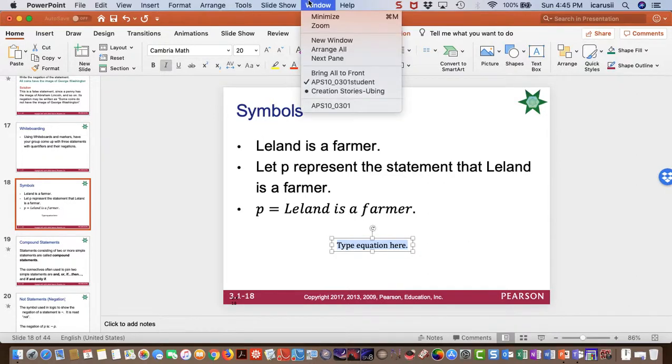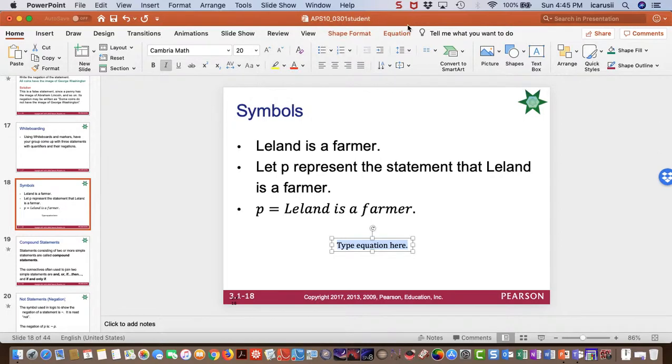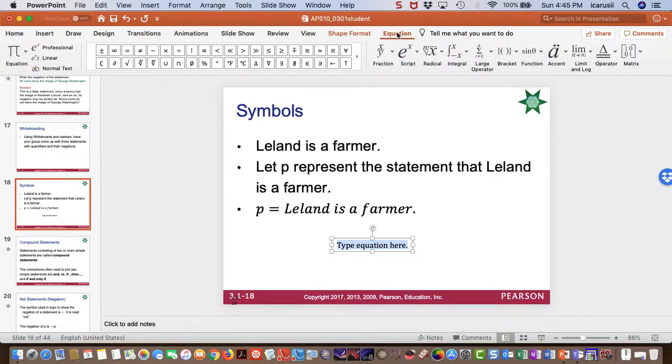So instead of writing out the entire statement, I can do the following. I can write P. Let me find the symbol on the equation editor. Oh boy. Okay.